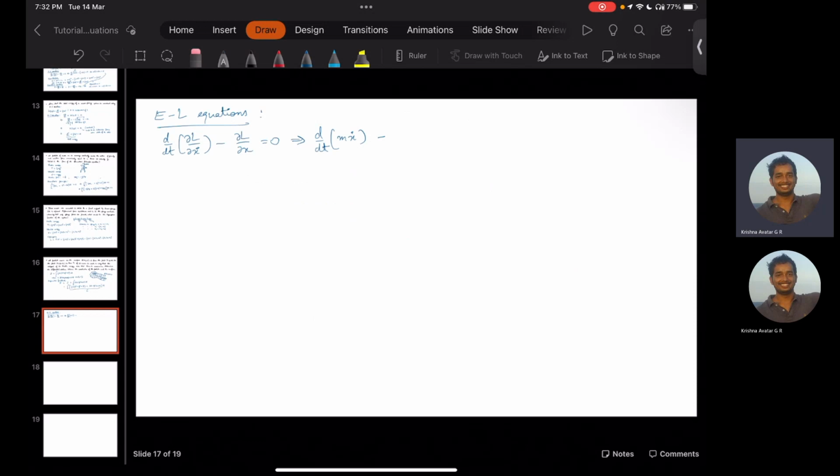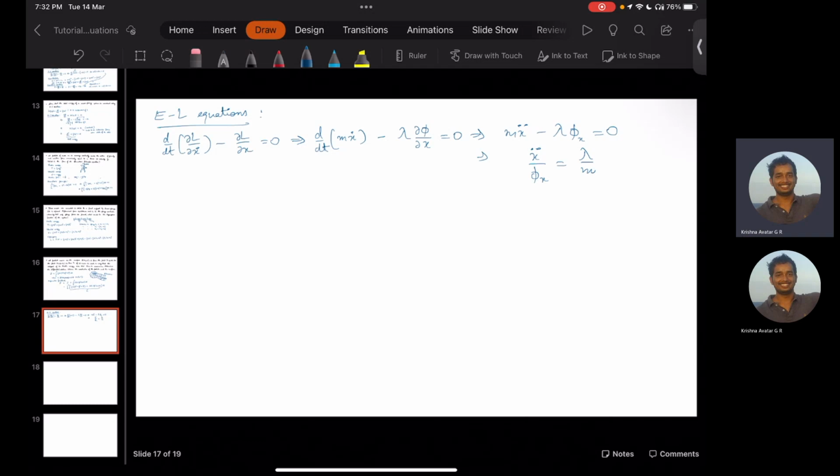So this will be given by lambda times the partial derivative of phi with respect to x, equal to 0, and that is nothing but m x double dot minus lambda phi x, using this shorthand notation, equal to 0. We can rearrange this to get x double dot by phi x is equal to lambda by m.